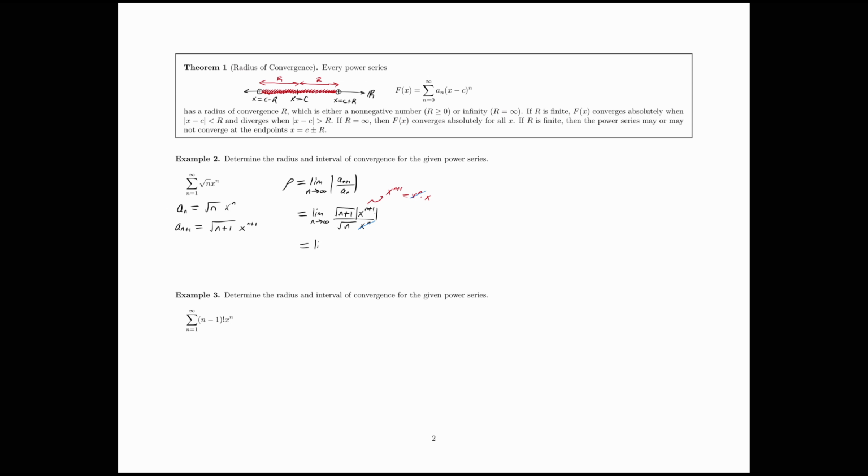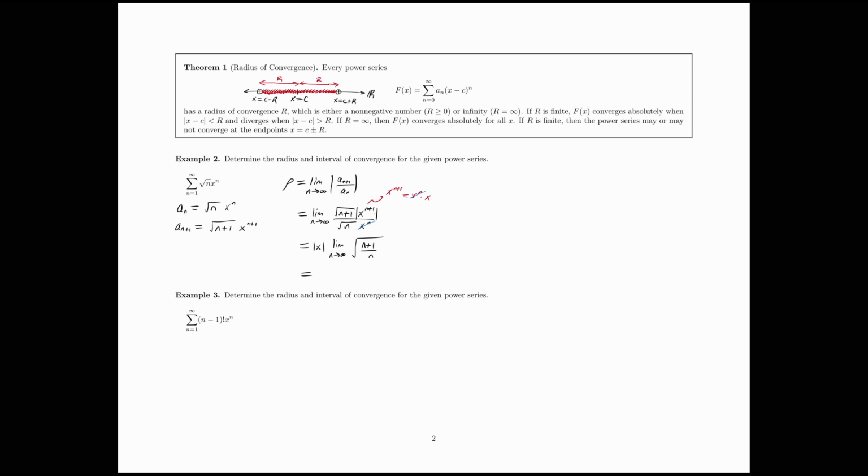So this will be the limit as n goes to infinity of, I guess I really just need one square root, times the absolute value of x. Now, it's not necessary to do this, but because this is a limit as n goes to infinity, and this absolute value of x term doesn't have any n's embedded within it, we are free to pull that out, and then just take the limit of this expression.